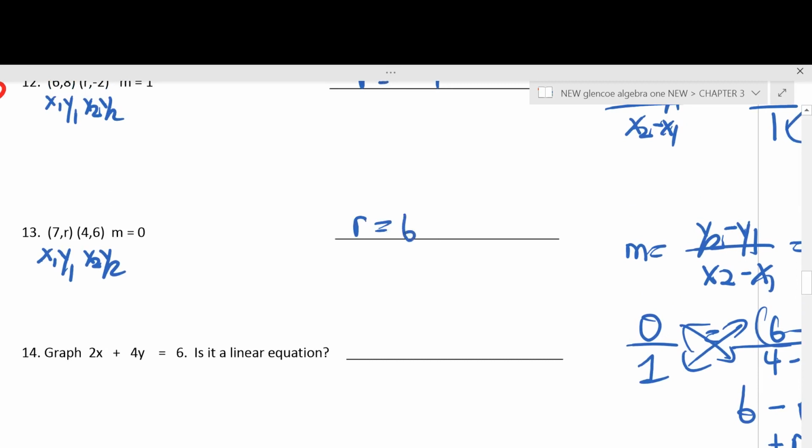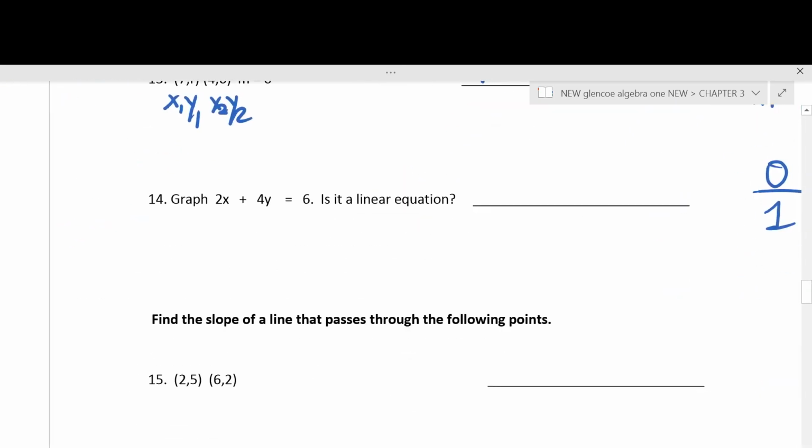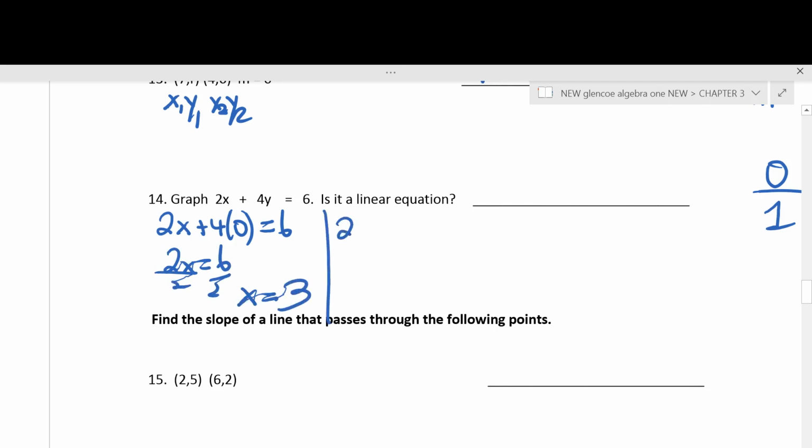Graph 2x plus 4y equals 6. Is it a linear equation? We can graph that by finding the x and y intercepts because it's in standard form. We get 2x equals 6. Divide each side by 2. The x-intercept is 3. To find the y-intercept, let x equal 0.